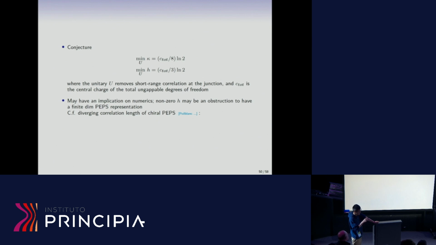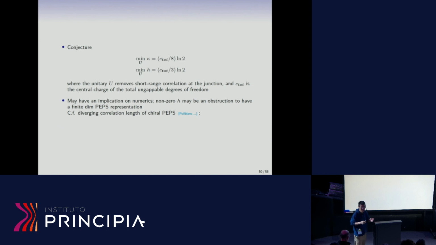This UC Berkeley group phrased this conjecture in the following way. Sorry, I didn't say another important part of the conjecture. C over 3 log 2 is a bound, but C sitting here is the total central charge of ungappable degrees of freedom.